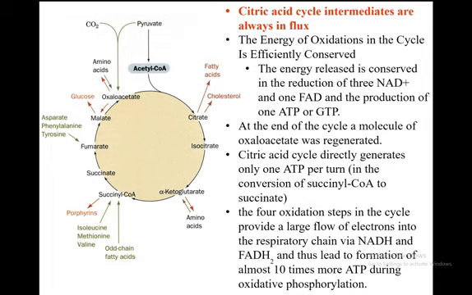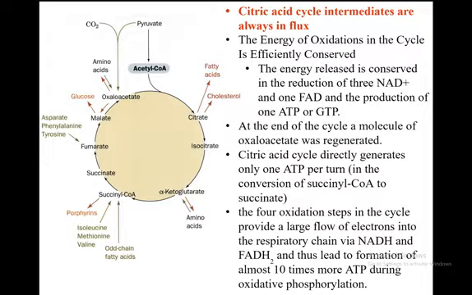And the 4 oxidation steps in the cycle provide a large flow of electrons into the respiratory chain via NADH and FADH2, and thus lead to the formation of almost 10 times more ATP during oxidative phosphorylation.